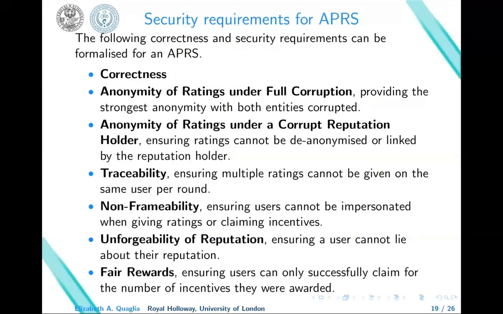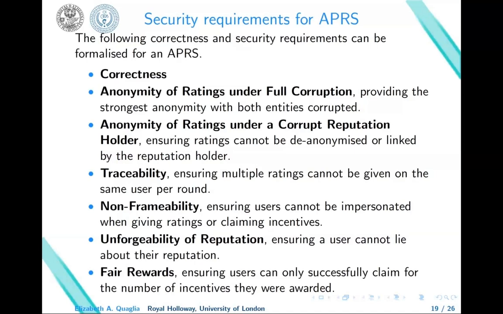A key property is anonymity. So we model anonymity of ratings under full corruption. This is the strongest anonymity where both entities are corrupted. But we could also have anonymity of ratings under a corrupt reputation holder. Then we need to model traceability, which ensures that multiple ratings cannot be given on the same user per round.